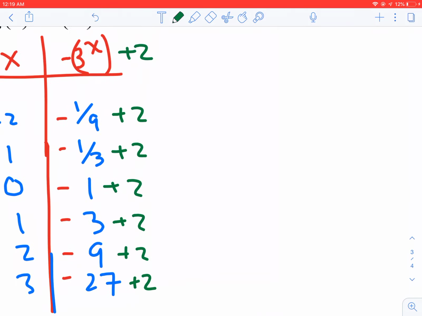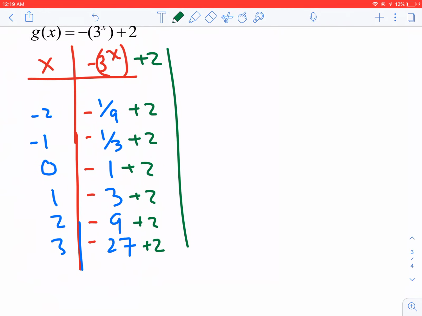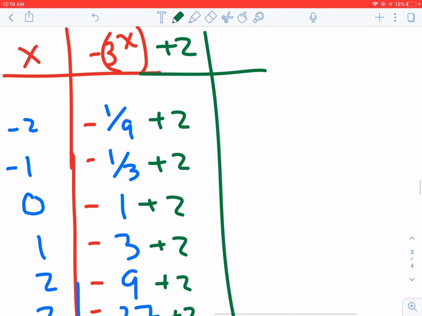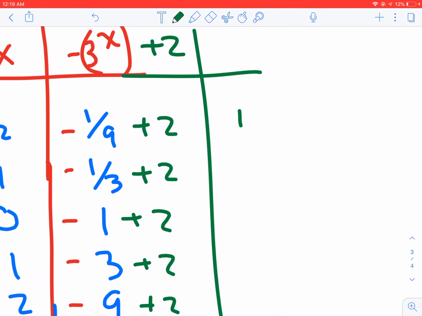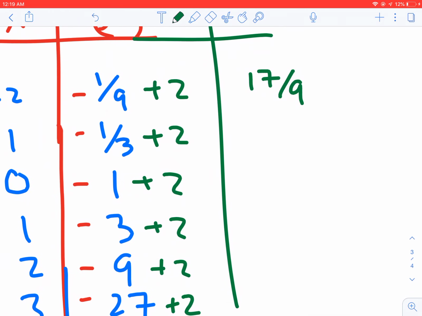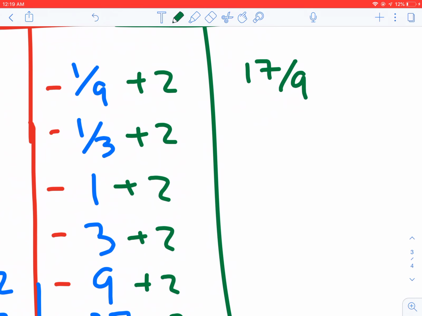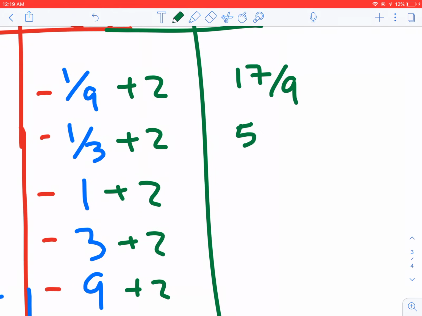So that makes our graph become negative 1/9 plus 2. What is that? I can make that 18/9, so that will be 17/9. Yeah, I think so. Alright, negative 1/3 plus 2. That would be 1 and 2/3, or 5/3.